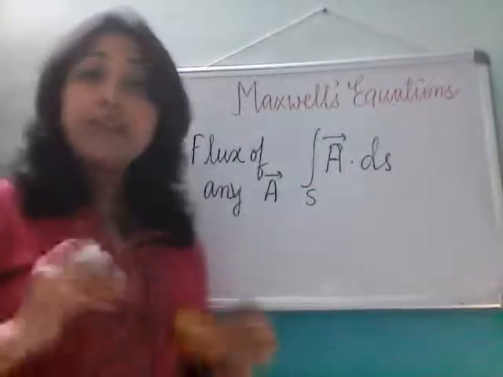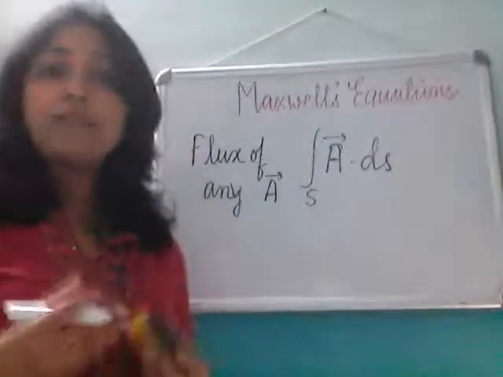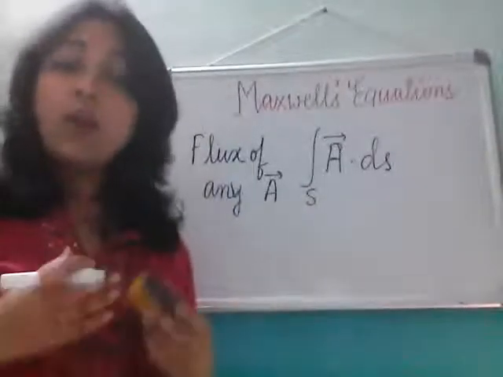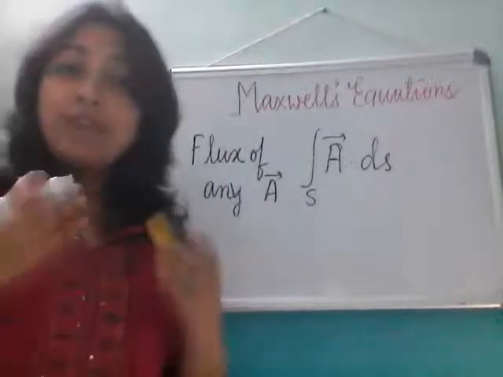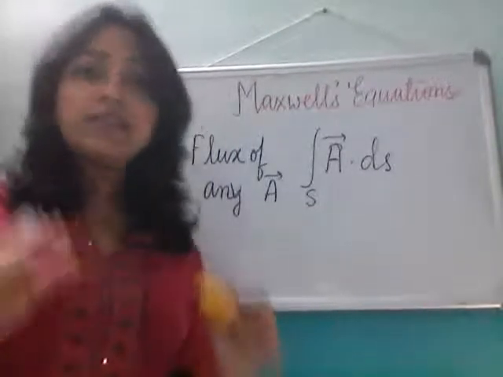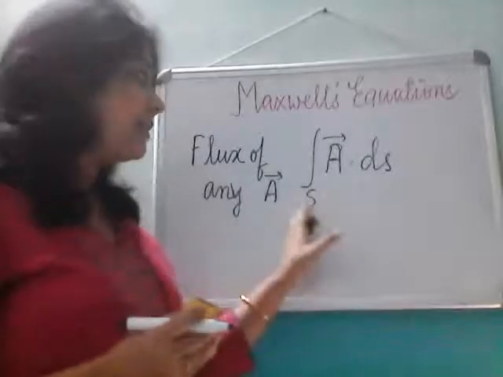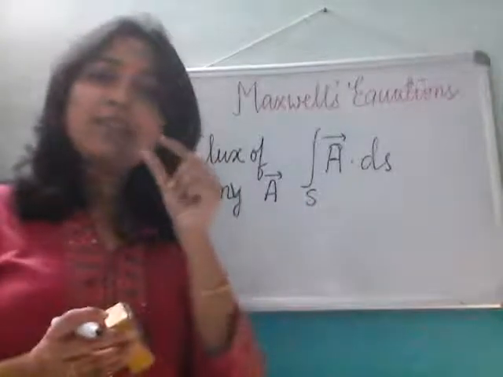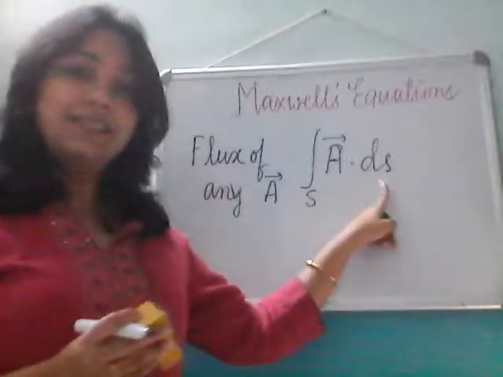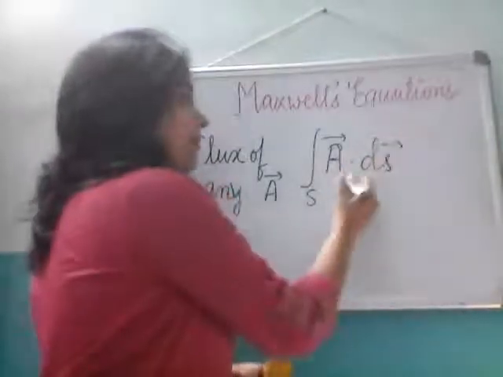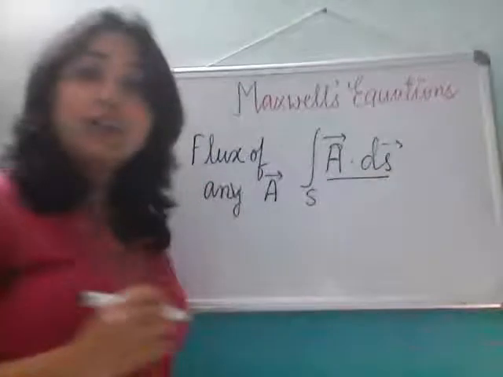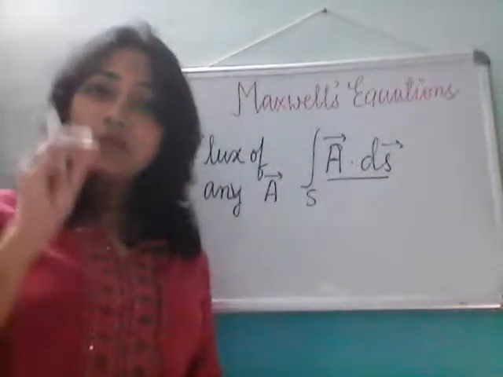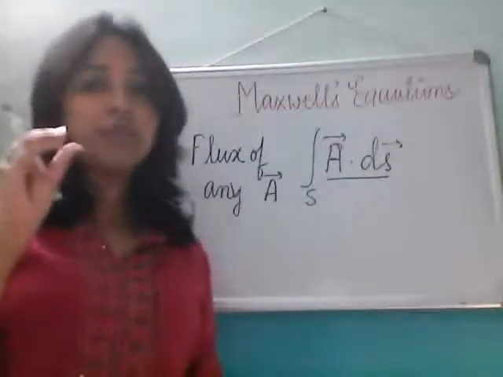Whenever we are trying to find the flux of a vector across any given surface, I take the surface, say the surface is S, break it into very small little surfaces called dS's, and then find the dot product of the vector with the small surface area.